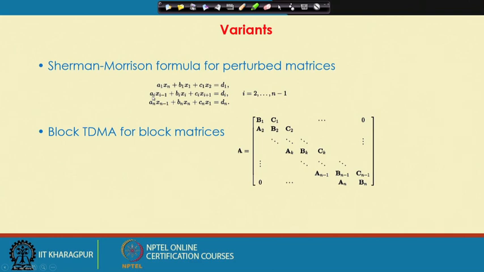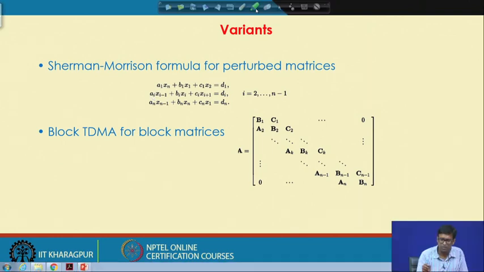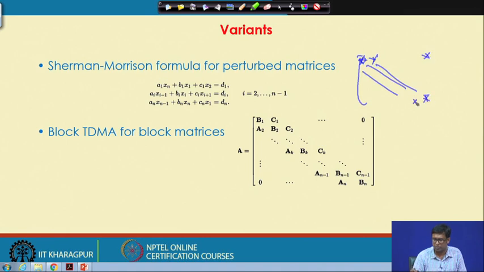The first row will have one non-zero here, one here and one here. Similarly, the last row will have one non-zero here, one here and one here, which is a near tridiagonal matrix, but perturbed from the tridiagonal space, and there is the Sherman-Morrison formula. You can look at it in detail, the formula is widely available in internet resources.